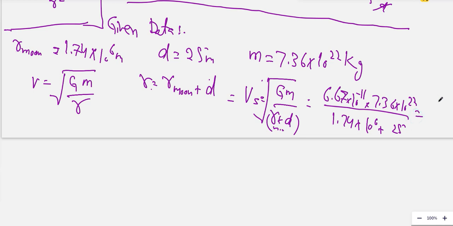Taking its square root, we will have 1.7 into 10 to the power 3 meter per second. You got this one as well?